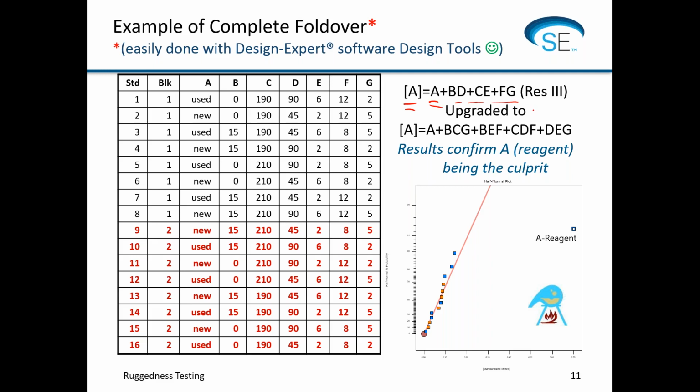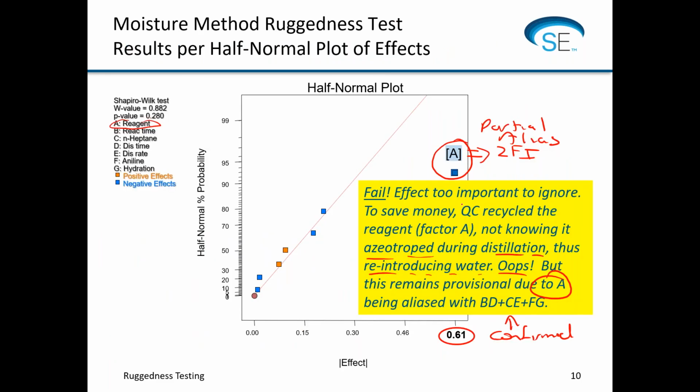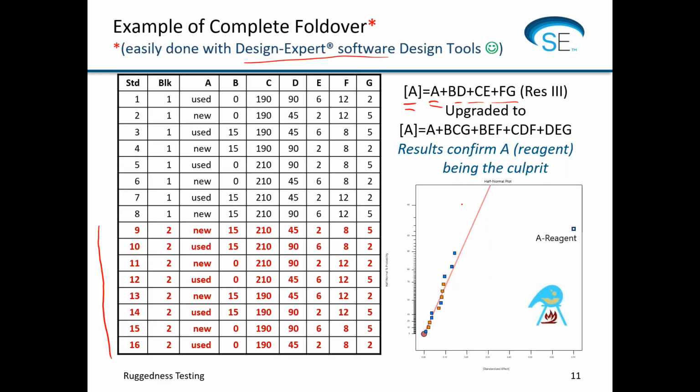That's a resolution 3, main effects alias with two-factor interactions. But by doing all the opposites, which is easily done with Design Expert, we were able to see that it was actually A. And you notice between the half normal plot on this slide and the one up above that there's more squares because more effects can be estimated with the additional 8 runs.